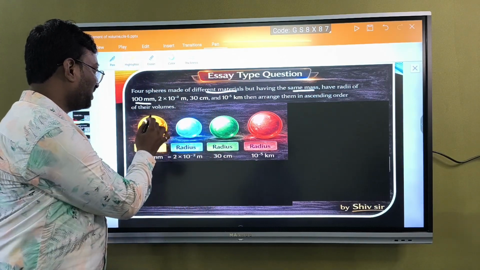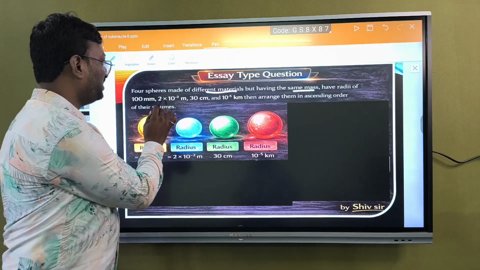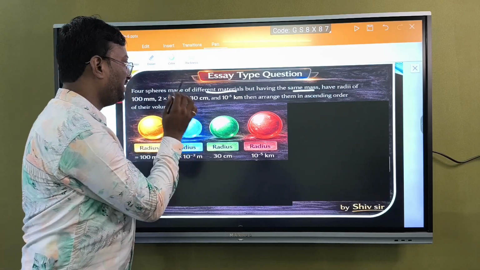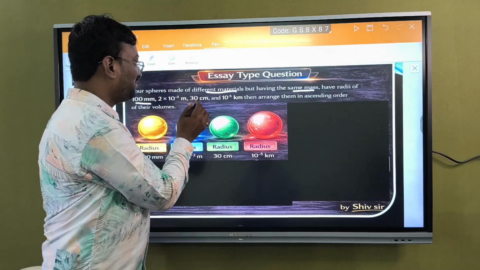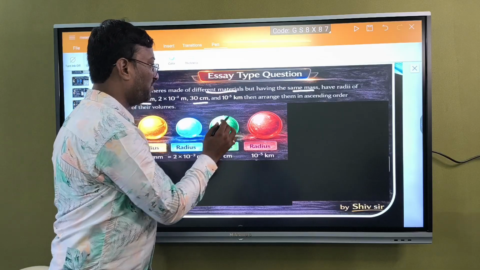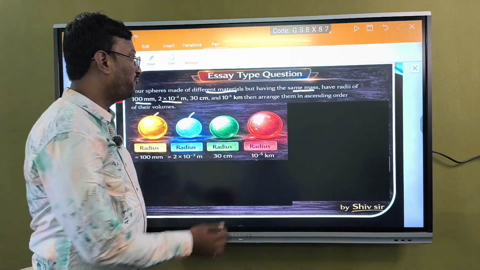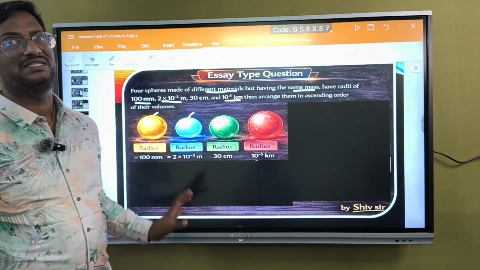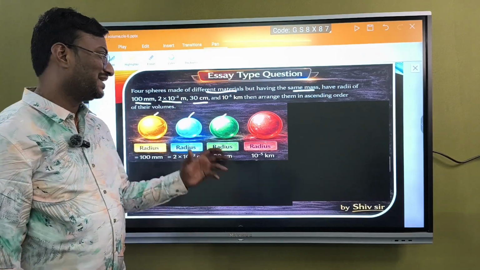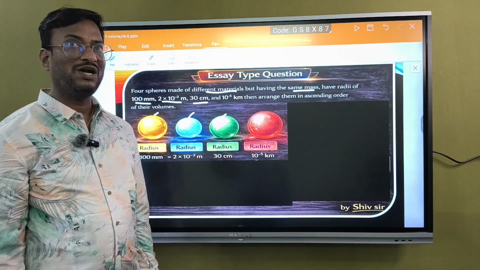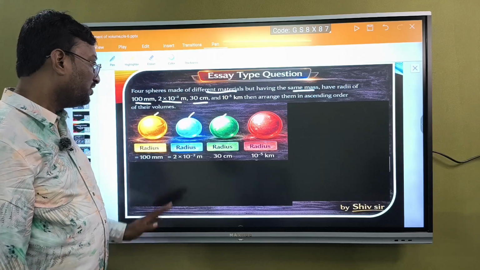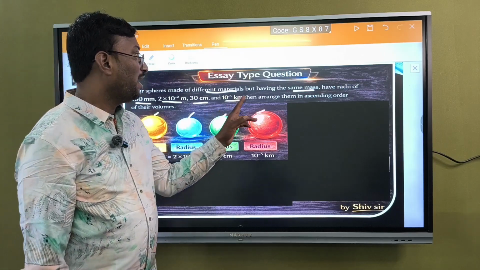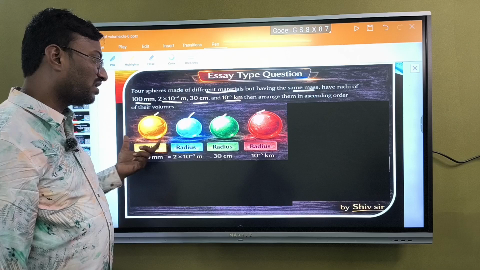The first sphere is 100 millimeters, second one is 2 into 10 power minus 2 meters, 30 centimeters is the third radius, and the fourth radius is 10 power minus 5 kilometers. So if this is the condition, the sizes will be different. Now what we have to do, we have to arrange them in ascending order.